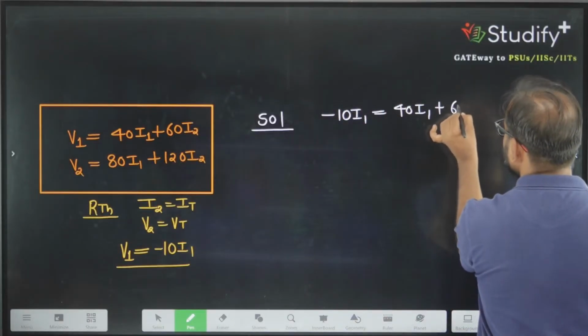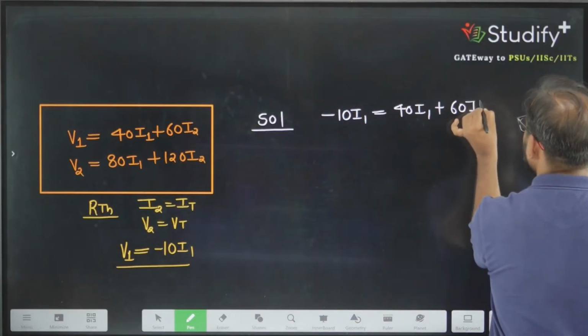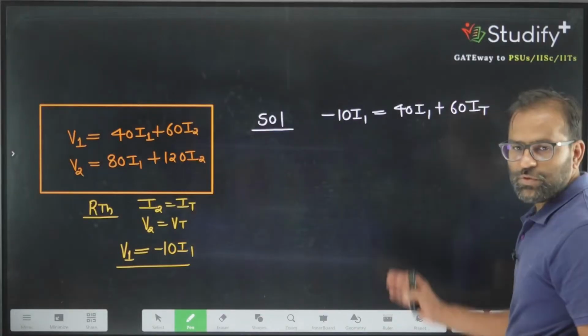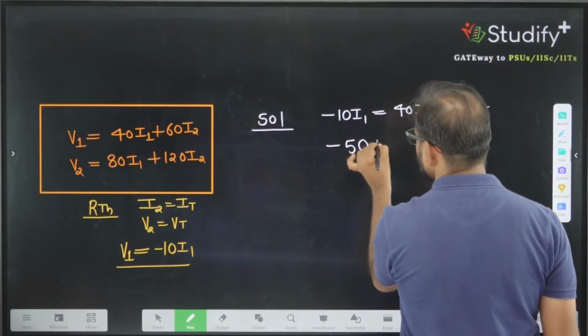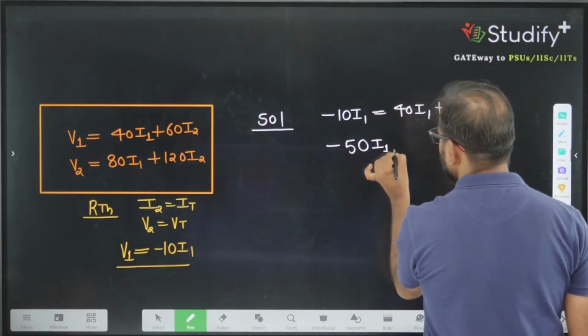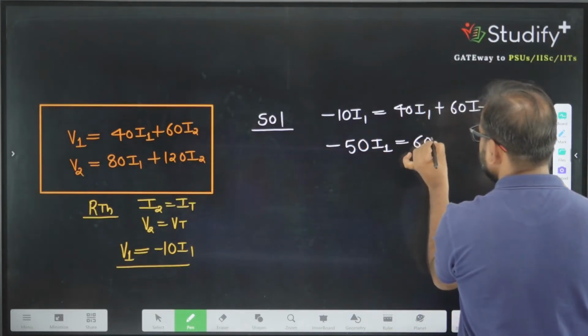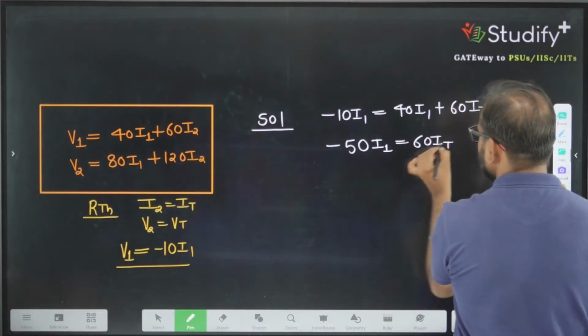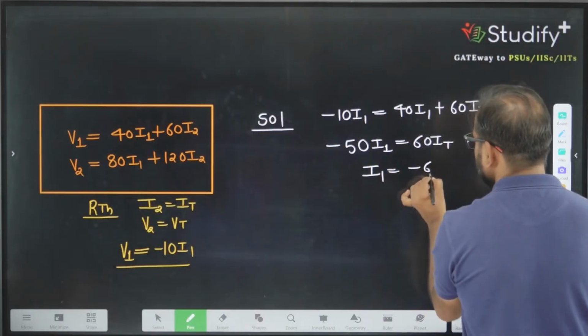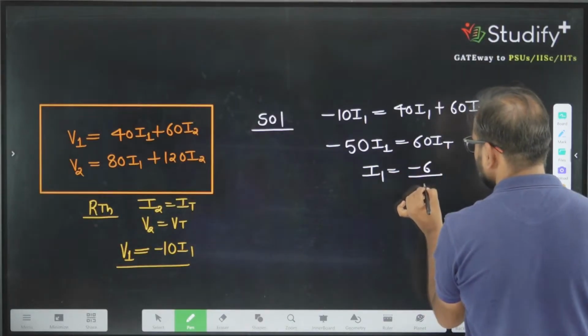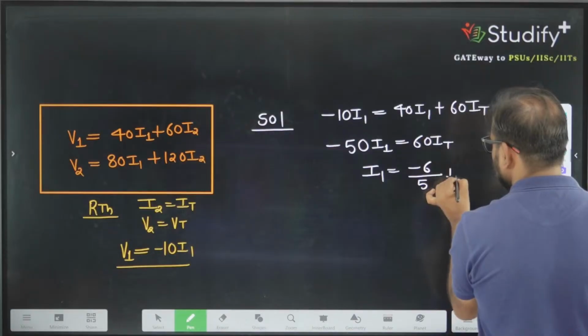But 60 I2 is what? 60 IT. So you can say minus 50 I1 equal to 60 IT, or you can say the value of I1 is equal to minus 6 divided by 5 IT.